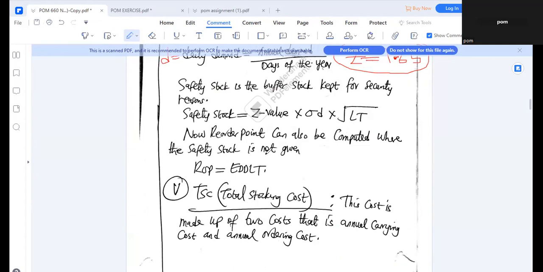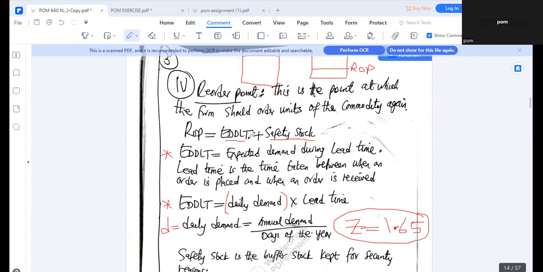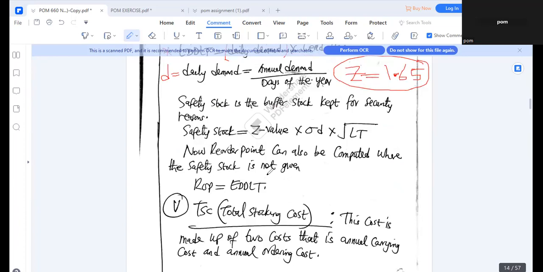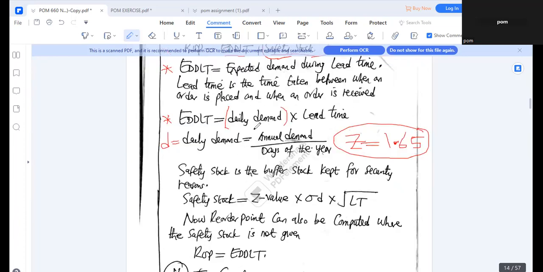Our order point without safety stock applies only if the safety stock is not there. If the safety stock is not there, then our reorder point will only be equal to the expected demand during lead time. That will be our reorder point. Expected demand during lead time is equal to daily demand multiplied by the lead time.